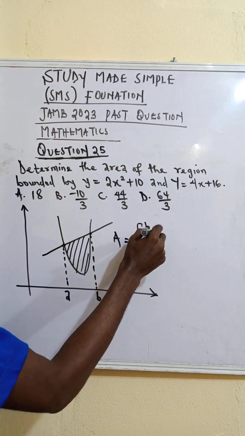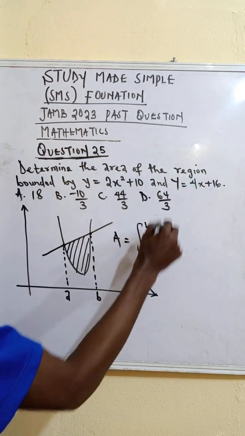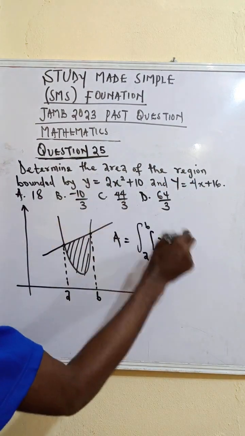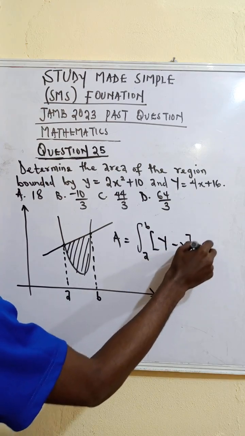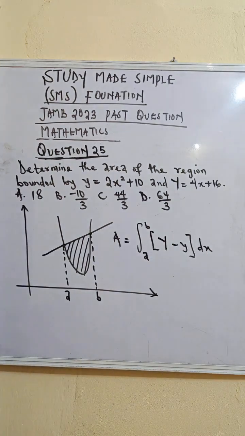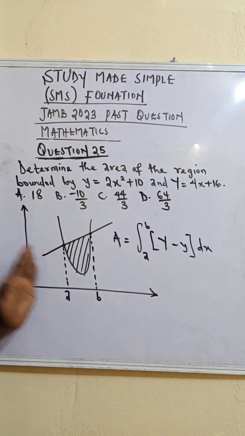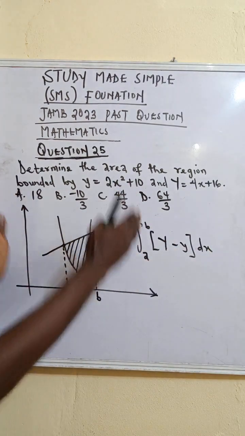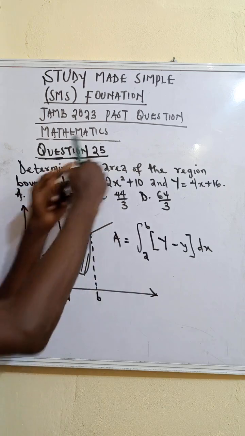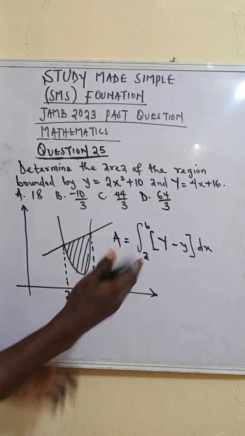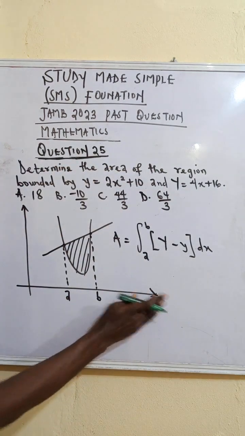So I have to subtract the lower from the upper. So that's capital Y minus small y, and I will integrate with respect to x. Now, all of these are not really necessary in your solving, but I just want you to understand what this is talking about. So by that, I will now substitute.